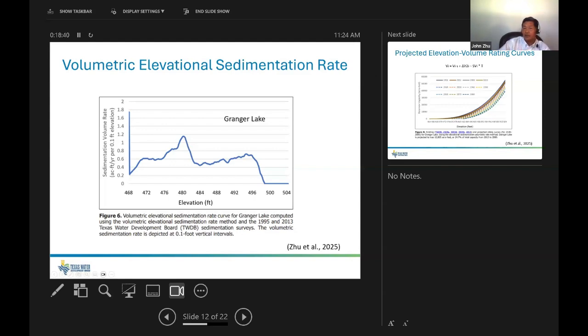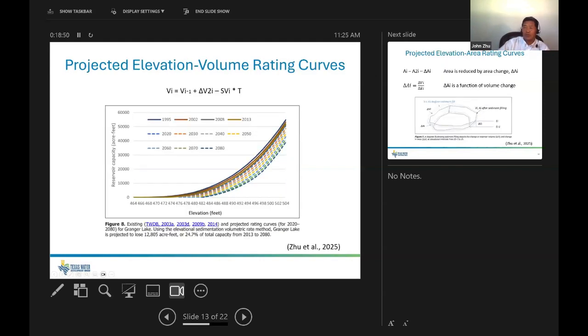We use the actual sedimentation volume at each elevation interval, and then we use this rate to compute the future rating curve. So here is the same reservoir, and the solid lines are surveys. We take the 1995 and 2013 surveys to make a projection for the future, the broken lines over here for the future planning period.